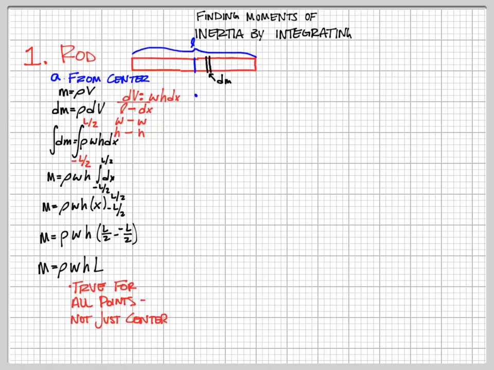Now things are about to get fun. We're going to look at finding the moment of inertia. So let's start with what our basic formula for moment of inertia is. I equals, so we're going to look at the moment of inertia about the center. We choose a center point for that.